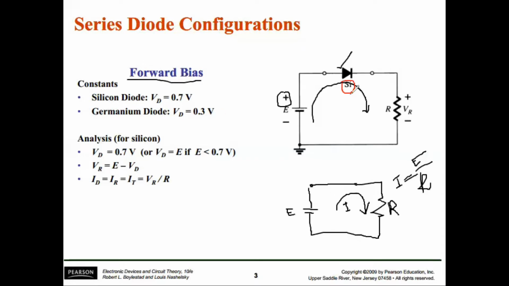If this is silicon, I can draw it like this, a voltage source here, and in silicon this voltage source will have a value of 0.7 volts.